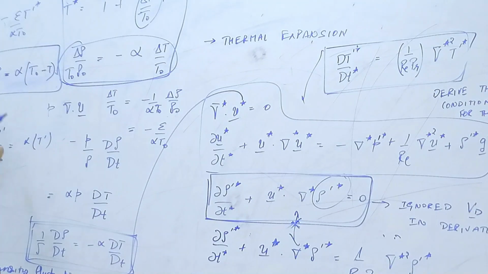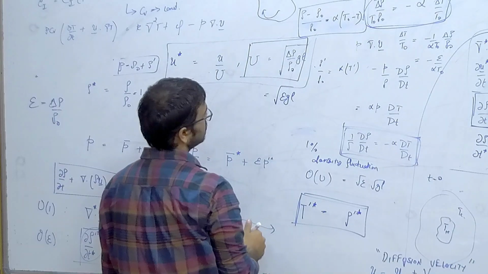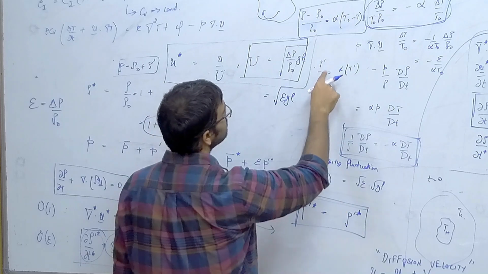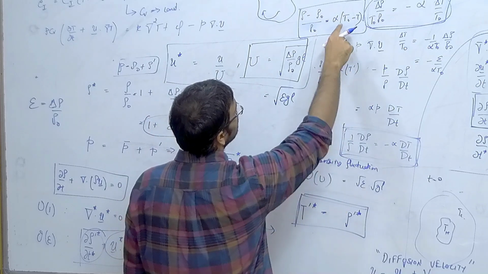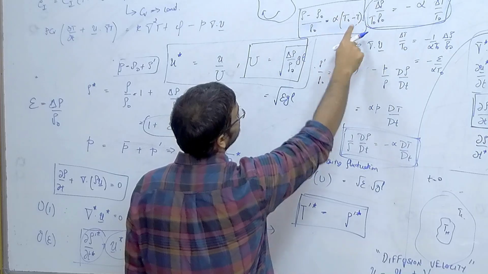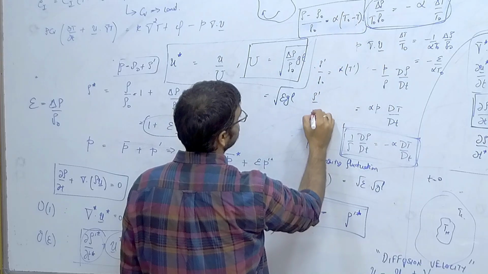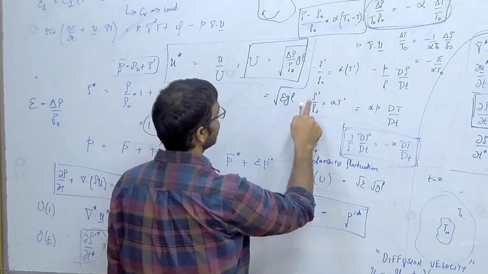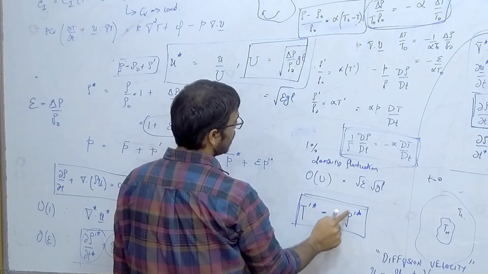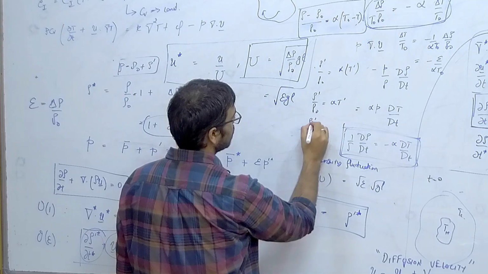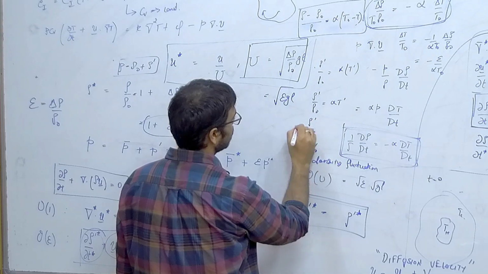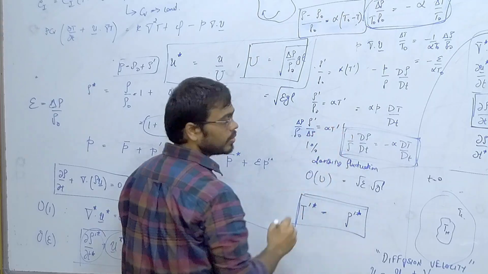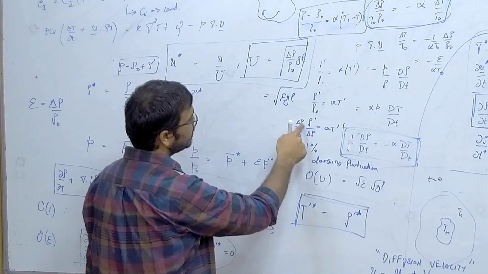So, what is rho minus rho naught by rho naught? Rho minus rho naught is rho prime, right? That is rho prime by rho naught equals minus alpha T prime. What is rho prime star? Rho prime divided by delta rho.